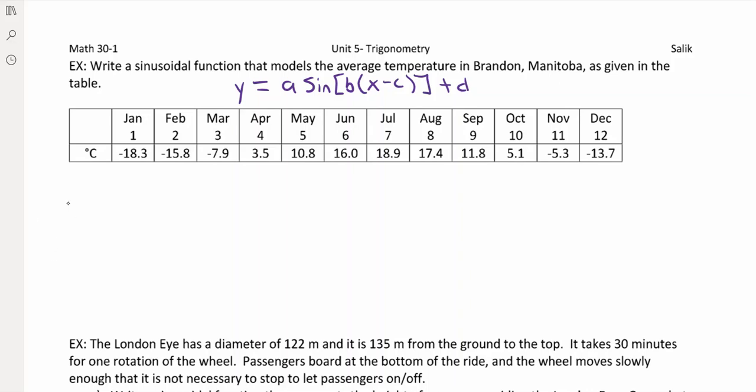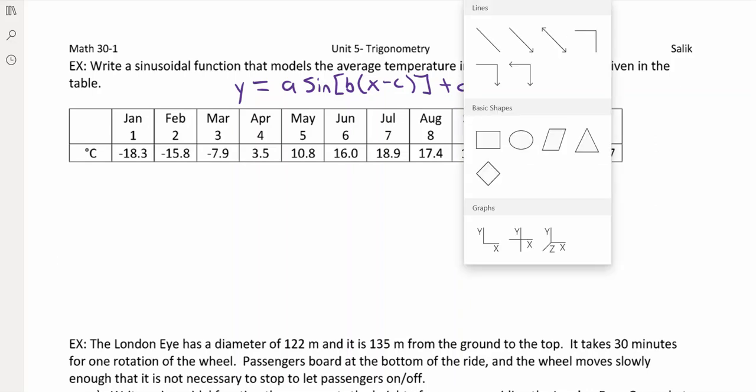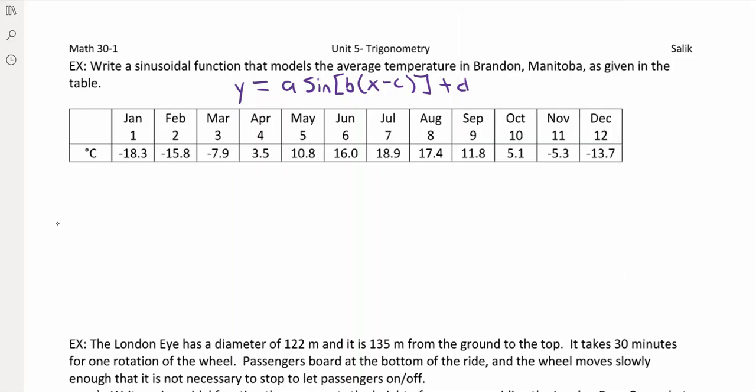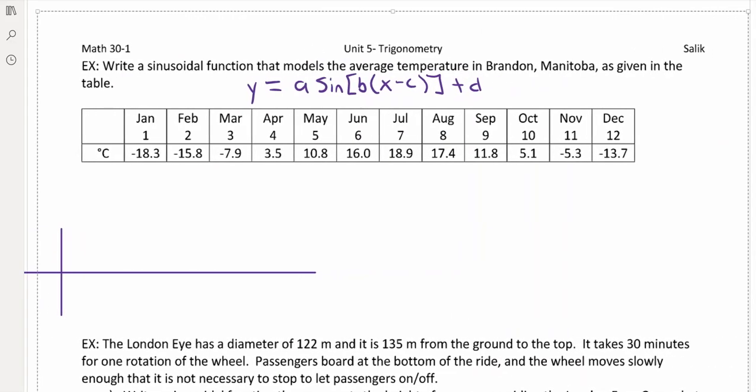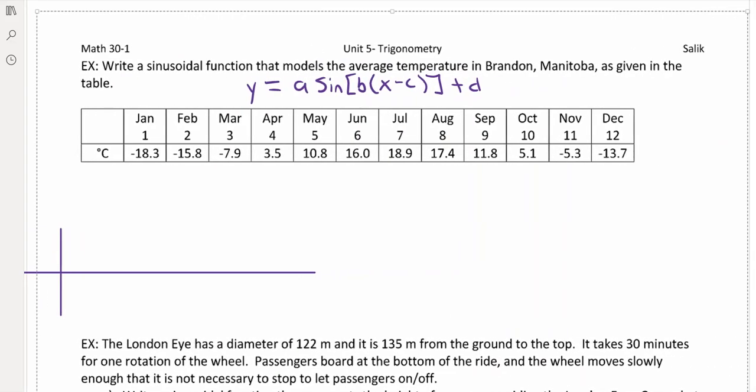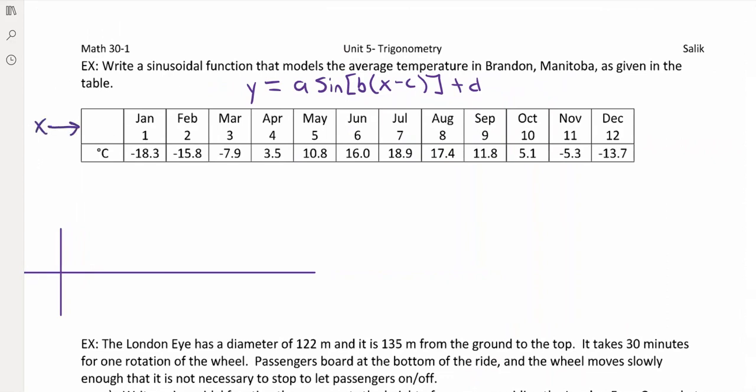One thing that'll help here is to just graph this thing, just as a sketch though. We don't need to be perfect. So if this is our graph, on our x side these are going to be our months going across the x-axis, and then it's going to be our temperature along our y-axis.